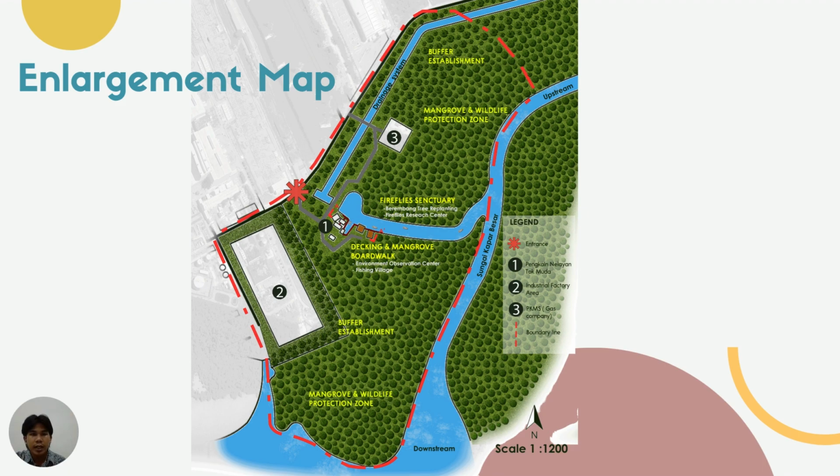The next one is the decking and mangrove boardwalk. This is a tourist area for viewing the firefly. Next is the buffer area also, and the last one is the mangrove and wildlife protection zone.